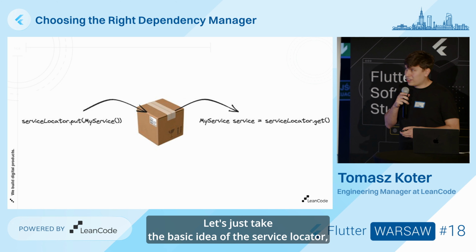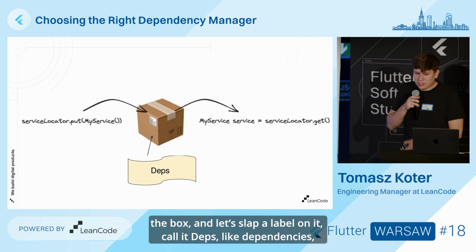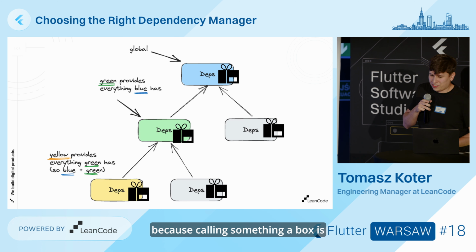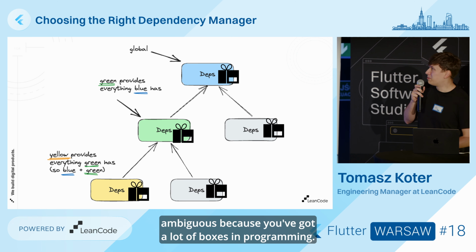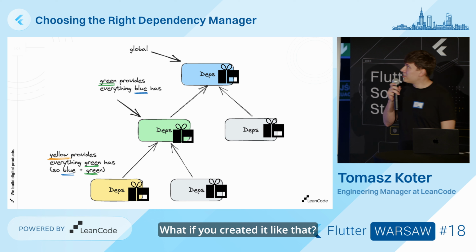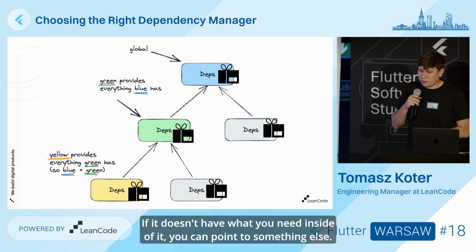Let's take the basic idea of the service locator, the box. And let's slap a label on it, call it deps, because dependencies, since calling something a box is ambiguous, as you've got a lot of boxes in programming. And what if you created it so it can actually point to some other boxes? If it doesn't have what you need inside of it, you can point to something else.